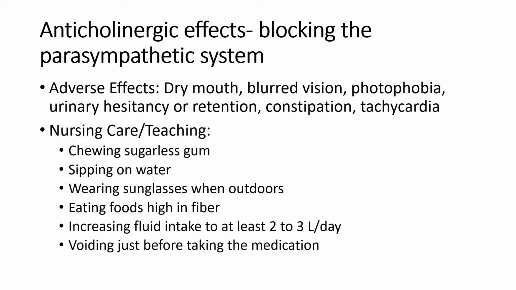So keep this in mind when we go forward, and you'll see that these side effects come up very often in many, many drugs. It's important to understand these systems. Concentrate on the anticholinergic effects first, because many, many drugs have this particular side effect.